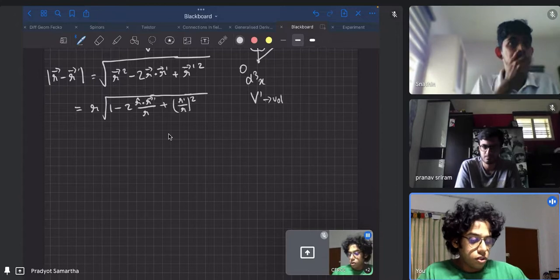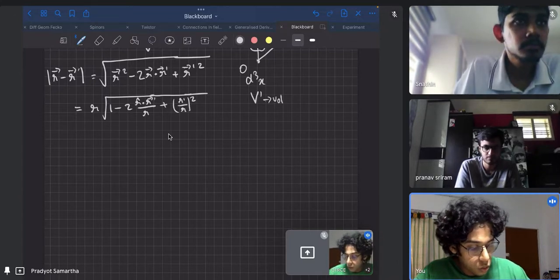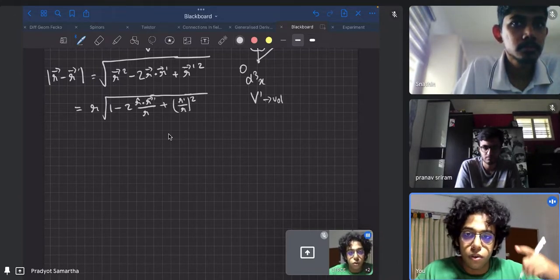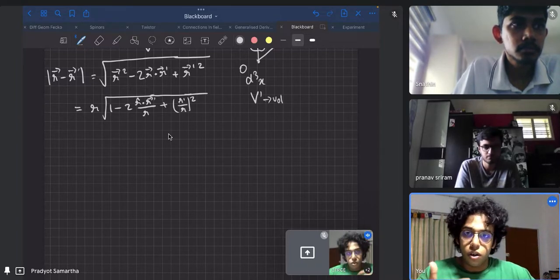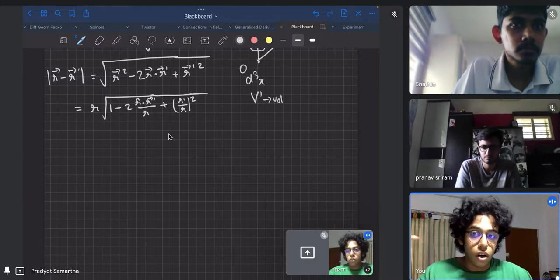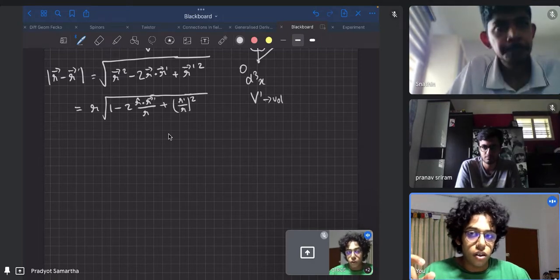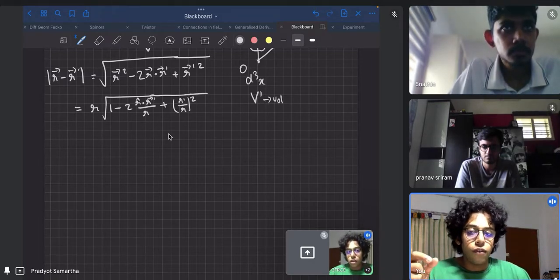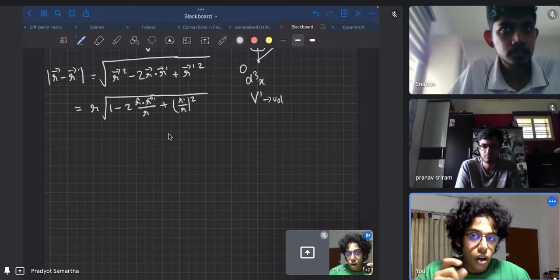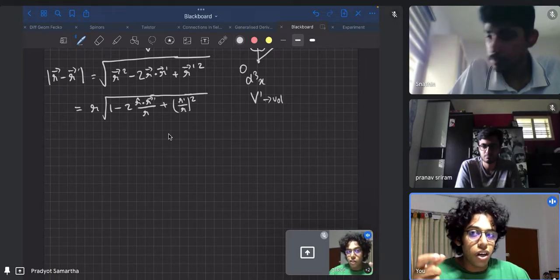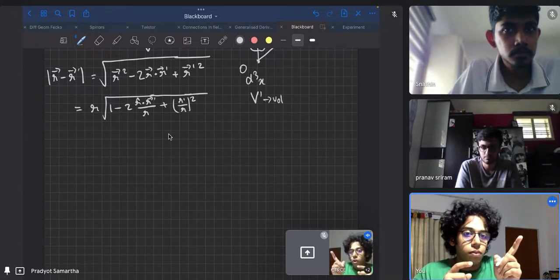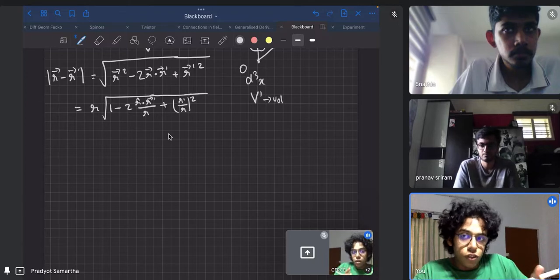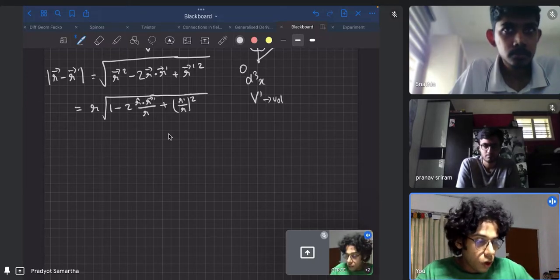Let me make this a little more legible. Notice that you only have the magnitudes of r here. There is only the one dot product, which takes your direction, but otherwise you're dealing with only the magnitude of r. So essentially you have reduced the dependency on the vector direction of r as well. We have just taken it out of the square root, at least for now. Let's see what happens then.